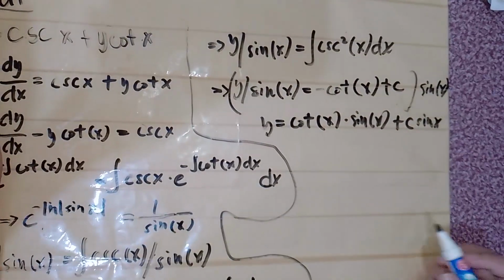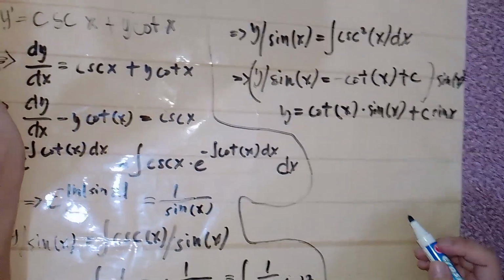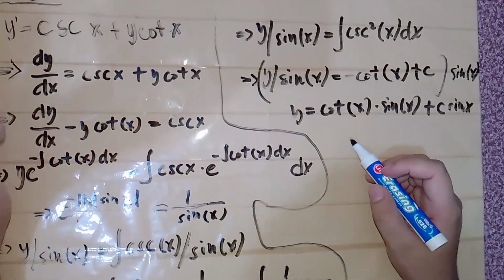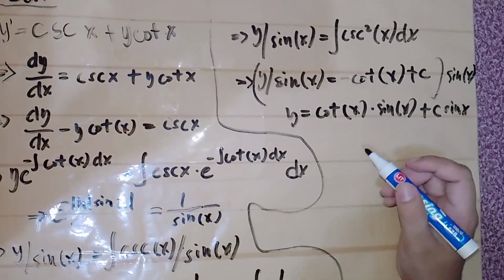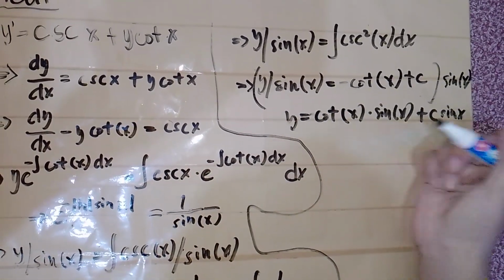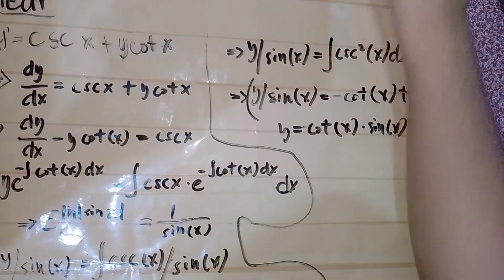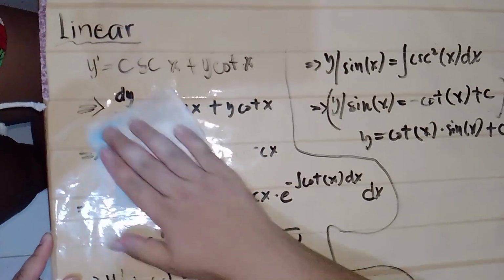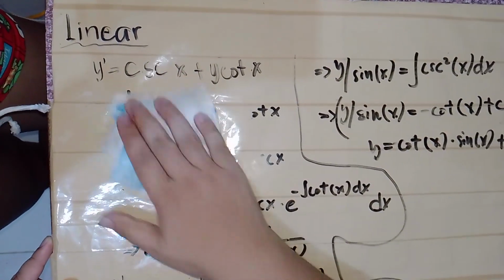Alright. Next is to get the equivalent of negative cotangent x. We have to erase the other side so we can see our answer more clearly.